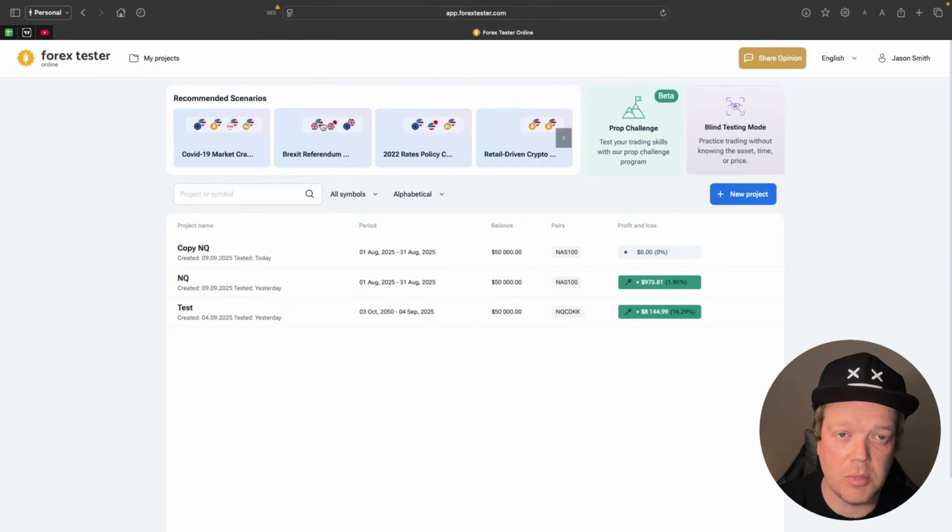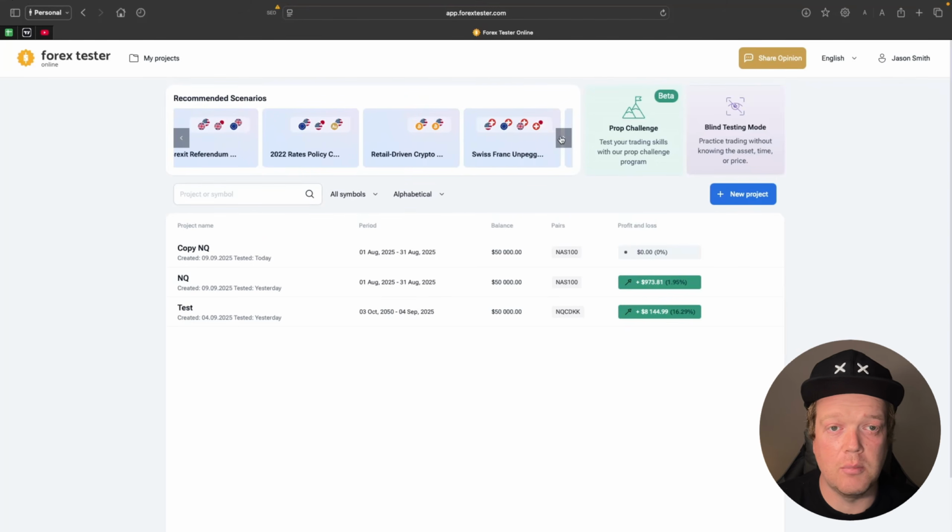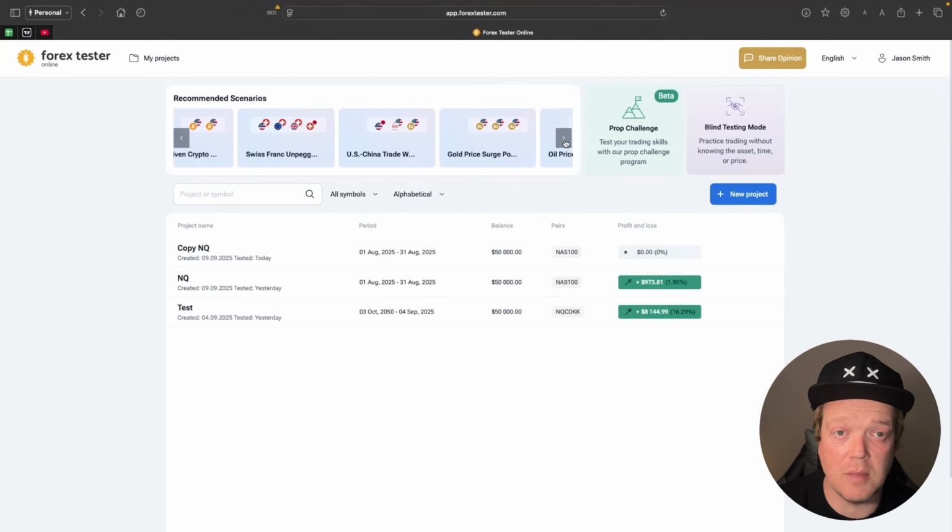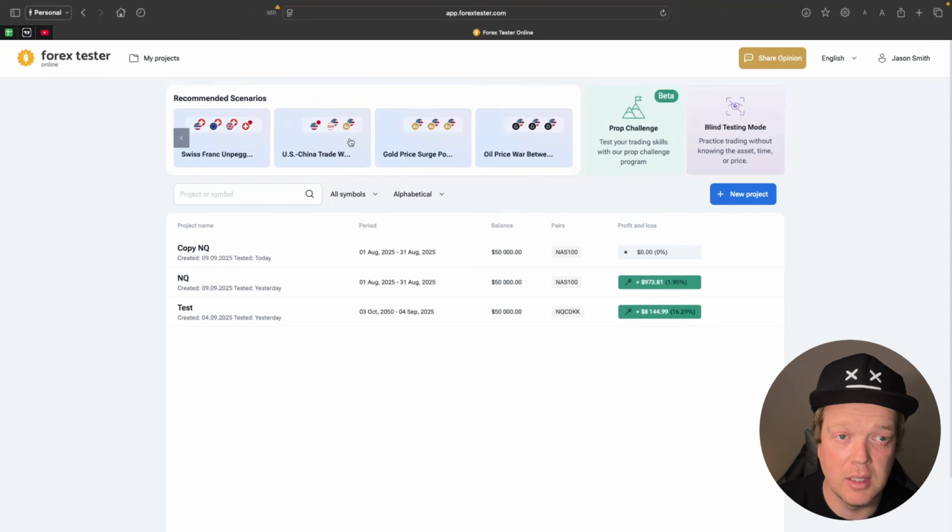This is going to be perfect for prop traders, because you can see recommended scenarios just to start with: the COVID-19 market, the Brexit, the 22 rates, and the retail-driven crypto market. These are a bunch of real events that have happened that you can simulate and see how you could have traded them.